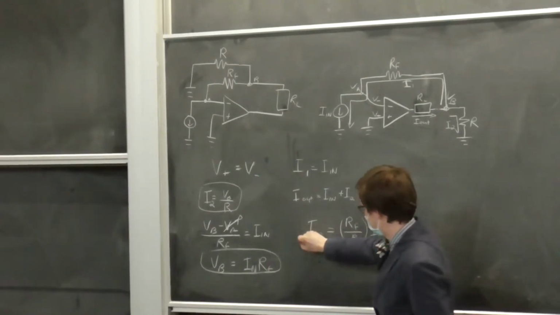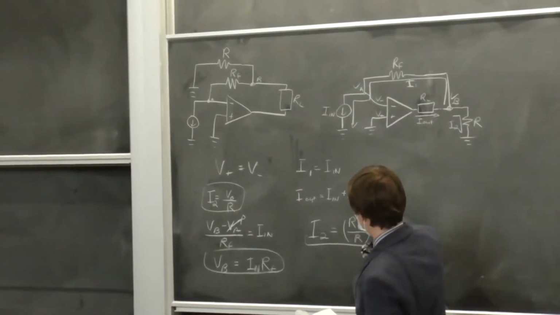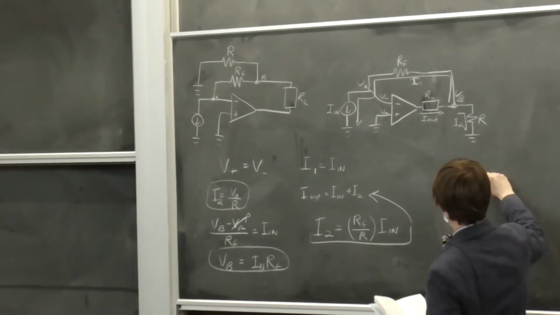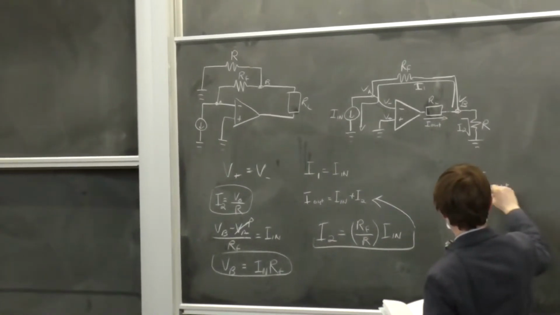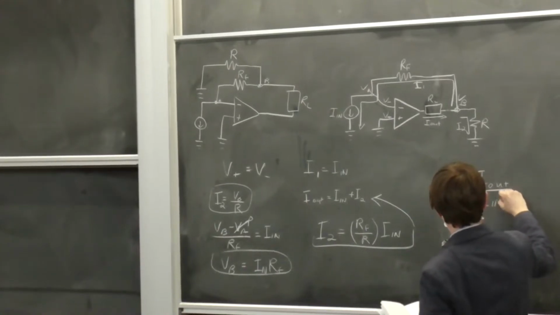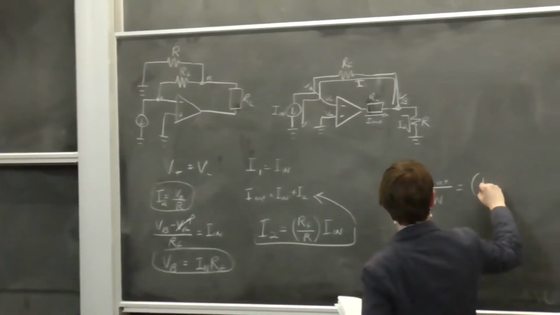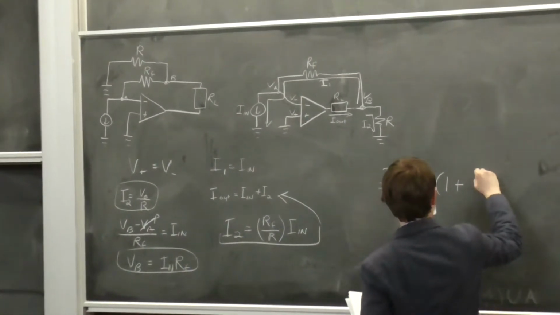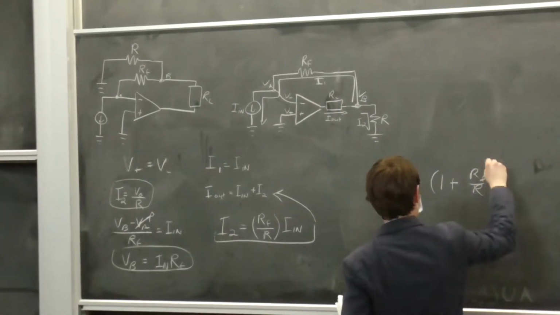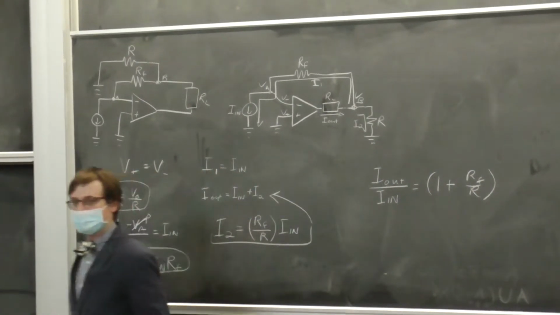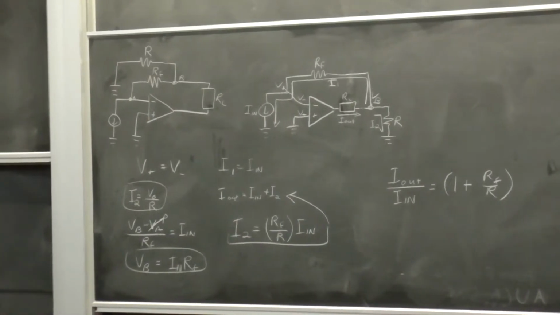Sub that guy into this equation. I out over I in is equal to 1 plus RF over R. Make sense?